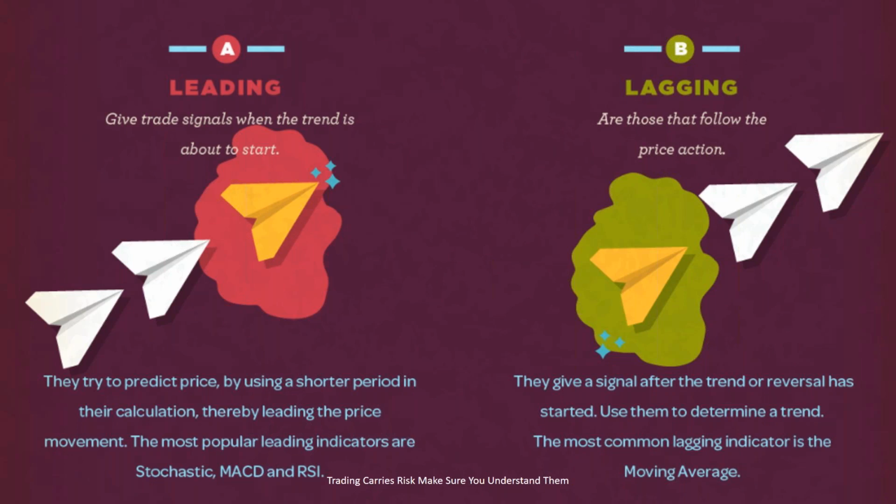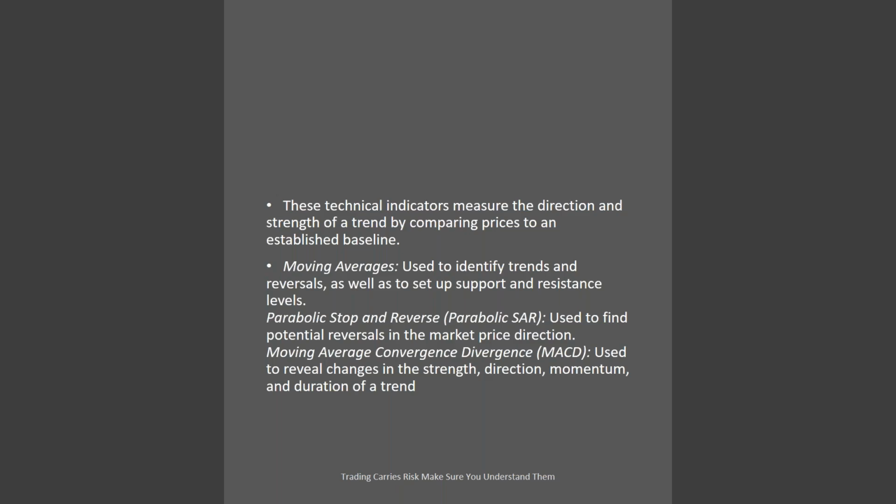Now, lagging indicators are those that follow price action. They give a signal after the trend or the reversal has started. Use them to determine a trend. The most common lagging indicator is a simple moving average. Now, these technical indicators measure the direction and the strength of a trend by comparing price to an established baseline.